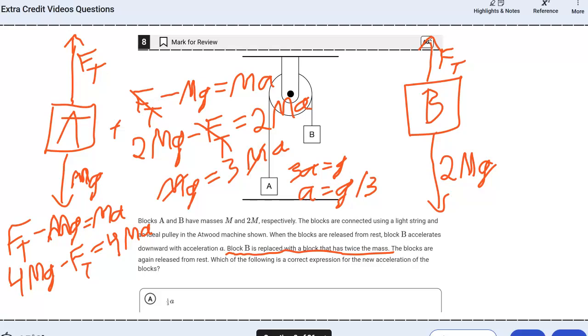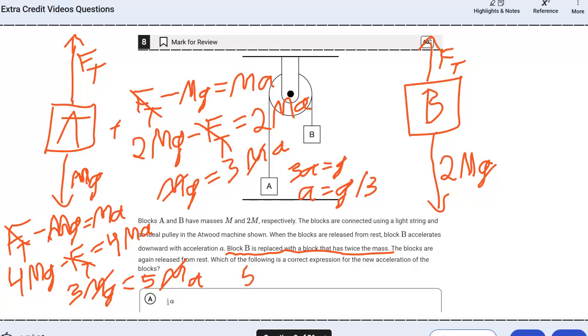Okay, and now we add these two. Tension is going to cancel just like before. We're going to get 3mg equals 5ma. Our m's will cancel.